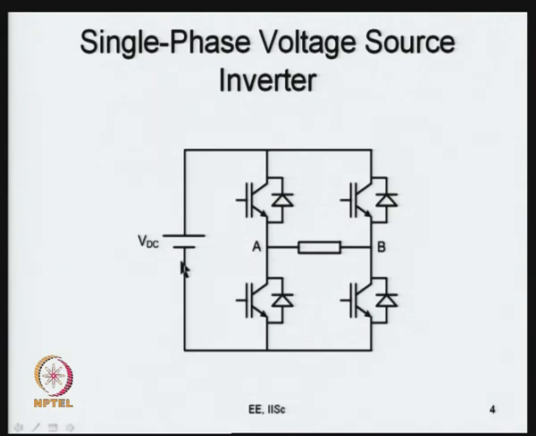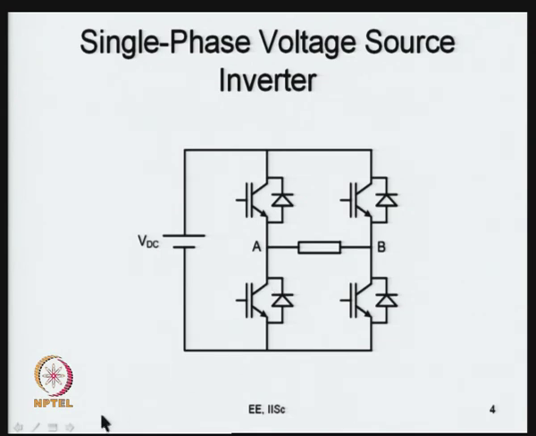That DC bus midpoint is not indicated here. You can regard this VDC as VDC by 2 and another VDC by 2, and the midpoint can be regarded as O, the DC bus neutral. So, if you modulate the average voltage at A in a sinusoidal fashion, and also modulate the average voltage at B in a sinusoidal fashion, the difference between the two will certainly be a sinusoid. So, that is the idea.